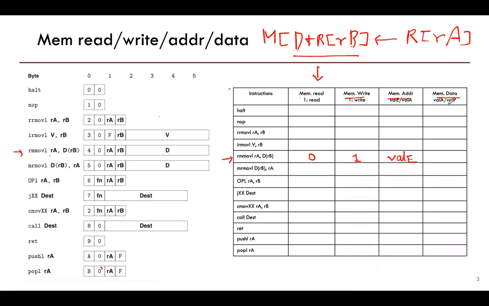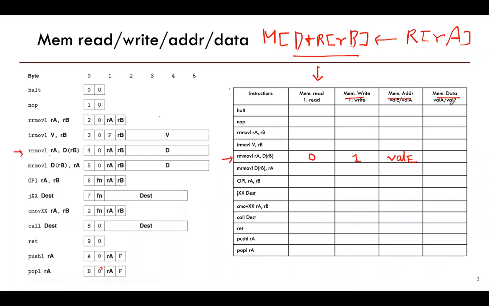And then where is the data? So the data is on the memory side. So this module, the mem data module, selects the data to be written to the memory. But in this instruction, we don't want to write anything.